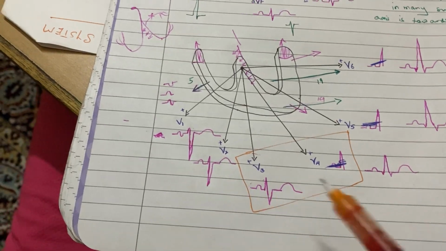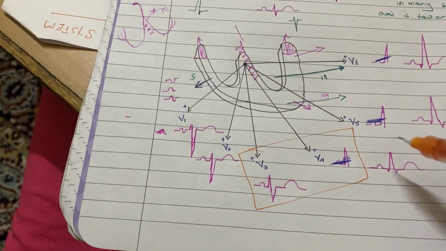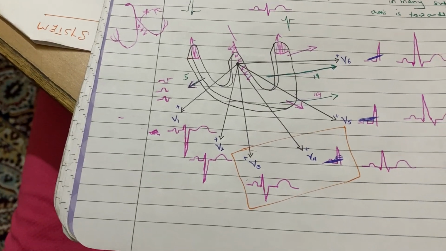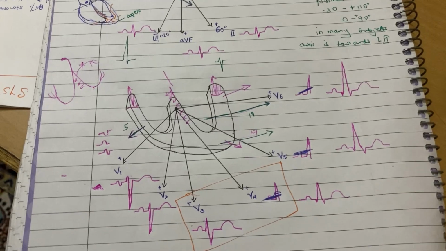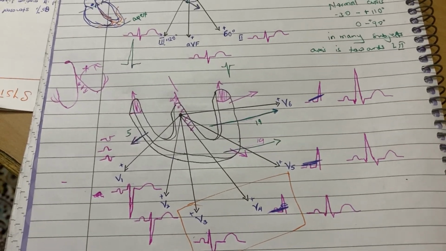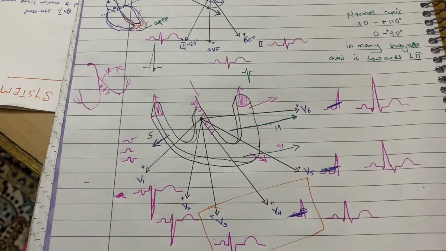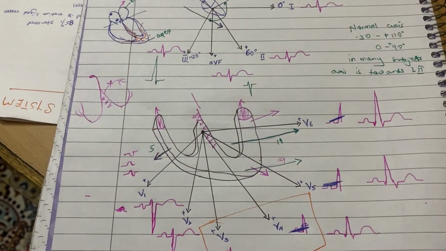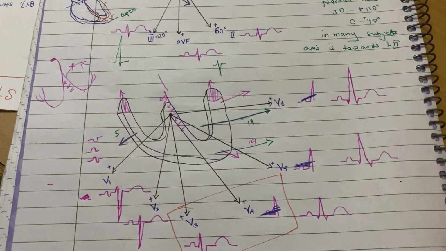It shows some clockwise rotation. And then if it happens in V5, that is late transition. It is called anti-clockwise rotation of the electrical axis in the chest leads. And it can occur in many pathological states. Yeah, but we are not seeing them now.